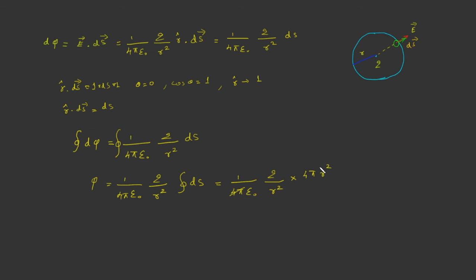Cancel off 4 pi and r square. We are getting 1 by epsilon 0 times the Q. So we got the total flux through a closed surface is phi is equal to 1 by epsilon 0 times the Q. We know we took Q is the charge inside that closed surface. So thus we prove the Gauss's law.